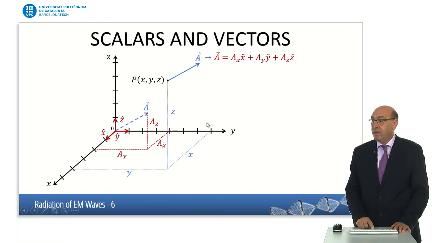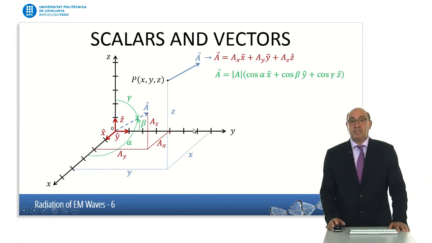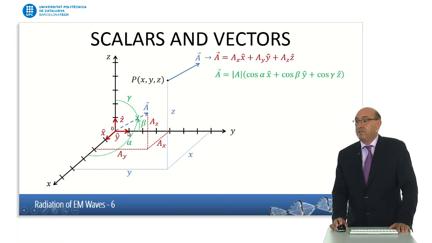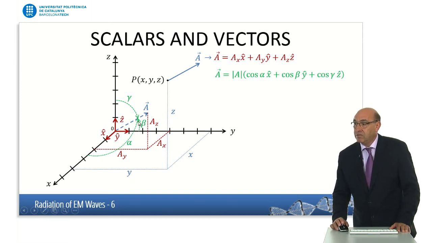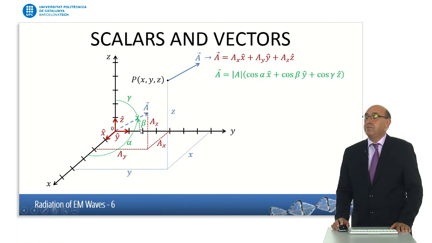But we can do something else. Since we are talking about direction for the vector, we could also draw 3 angles, the ones that this vector makes with the x-axis, y, and z. And we normally represent them by the letters alpha, beta, gamma, and they are normally called the direction cosines, because they are related to the direction, and they define this direction.